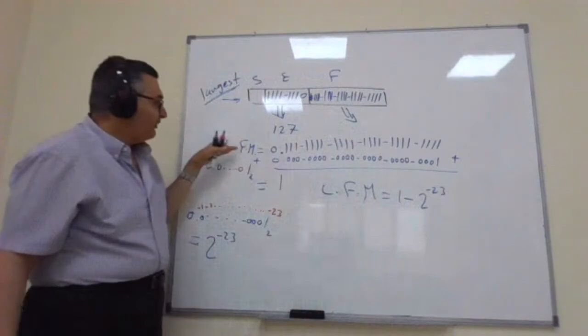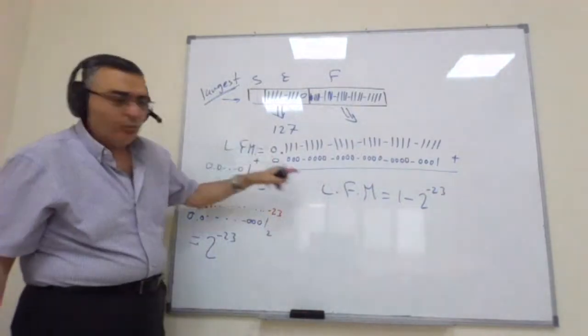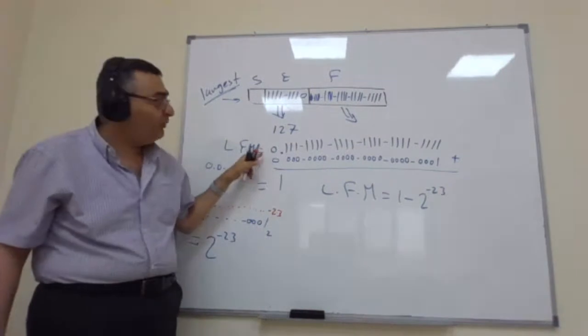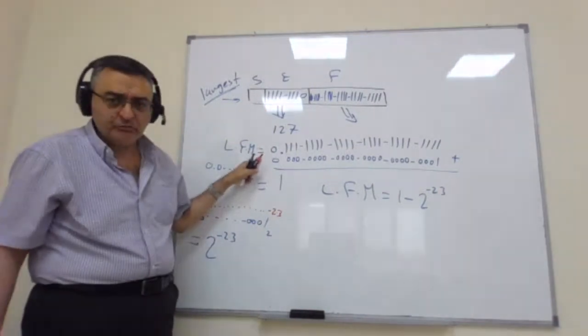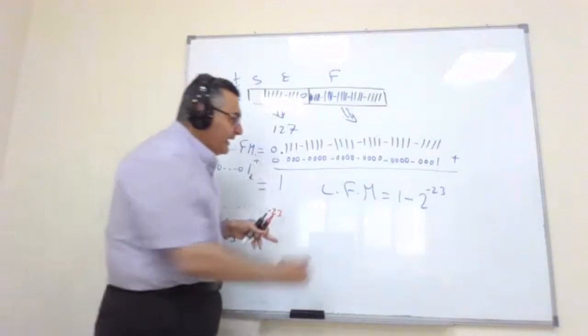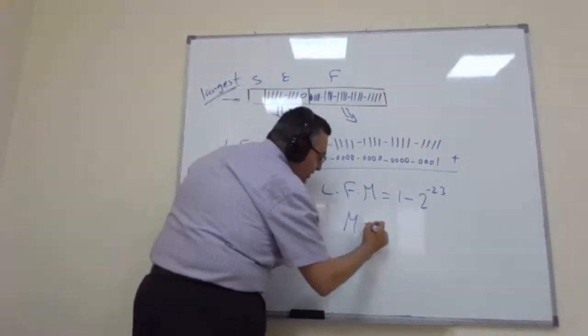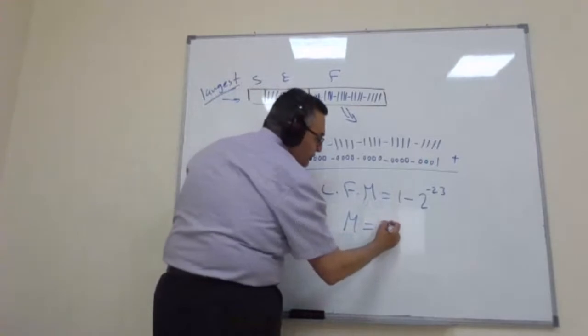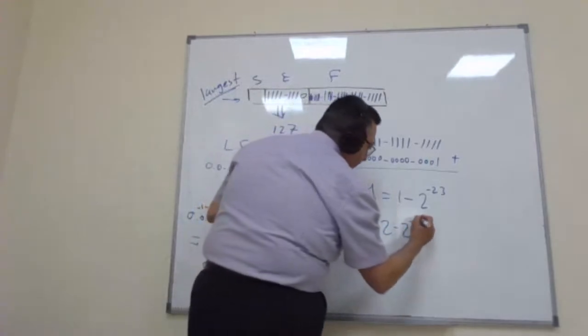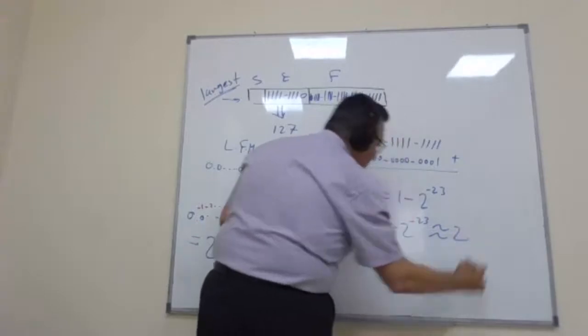But remember something: in the fractional mantissa we already excluded the 1 out of it. There was a 1 here and we excluded it to put it in the floating point. So the maximum value of the mantissa is adding 1 to this, so 2 minus 2 to the power -23, which is almost 2.